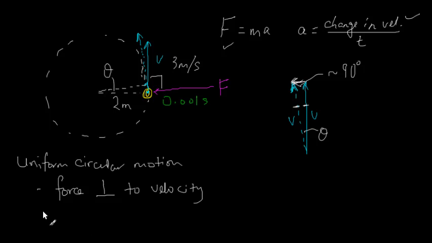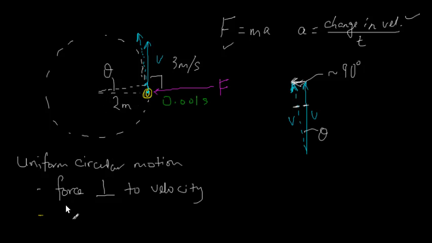Now another way to look at this is that if the force is perpendicular to the velocity, then from this picture, clearly the force is pointing right at the center.